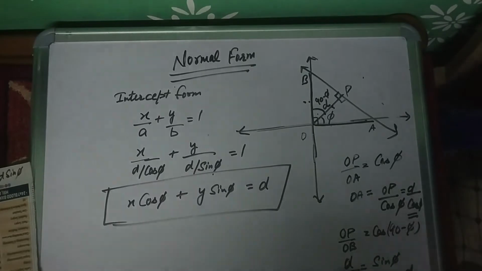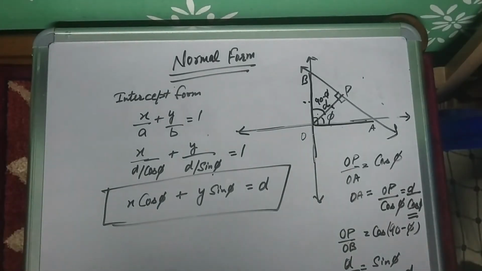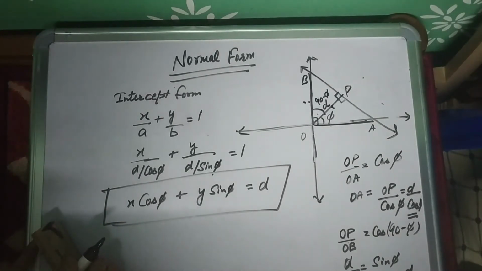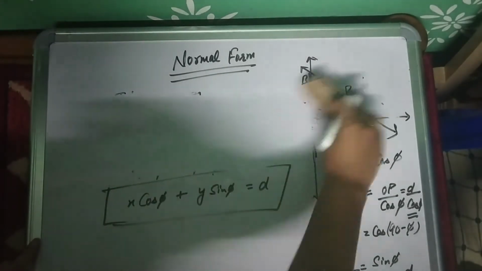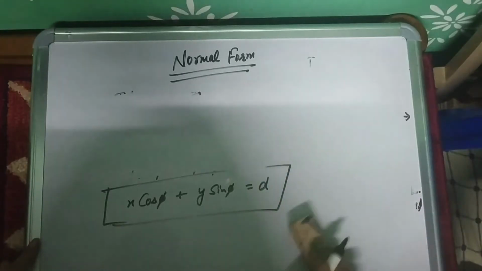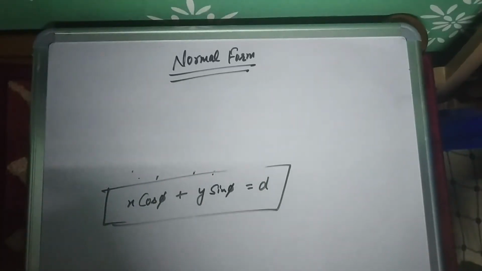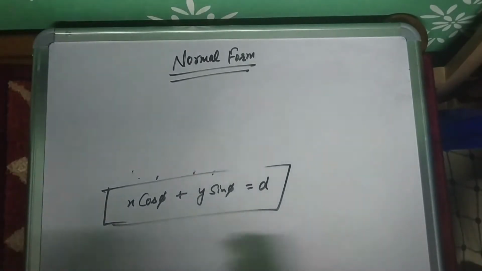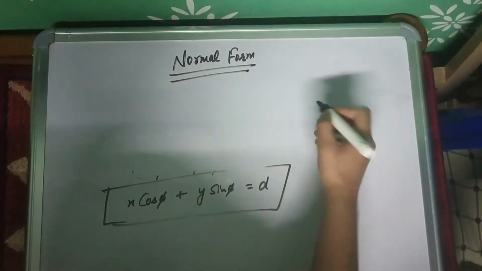Now we will discuss how to convert any equation into its normal form, any line into its normal form. Okay, so just keep this in mind. I'm erasing this. From any form you should be able to convert into normal form. So I'm starting with the very basic equation which can be converted by everyone.